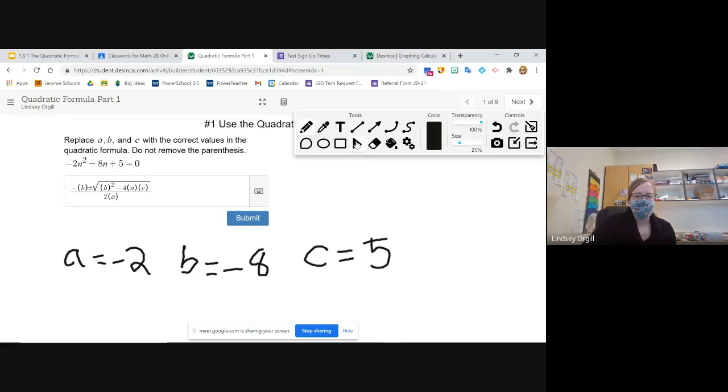So we're going to plug in where B is. I'm going to delete the B, but don't put in any other spaces. So -8, and then B again is -8. A is -2. And then C is 5, and A is -2.